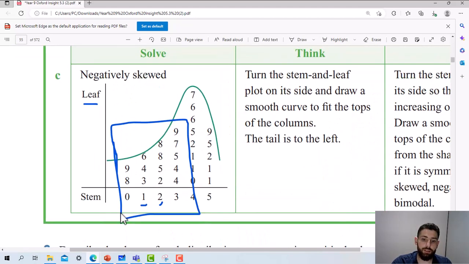Now how do we solve it? On the x-axis we put the stem, and on the y-axis we put the leaf. On the x-axis we put 0, 1, 2, 3. In the tens we have three numbers, so we put 3, 4, 6. And in the 20s we put four numbers from the data that we have.